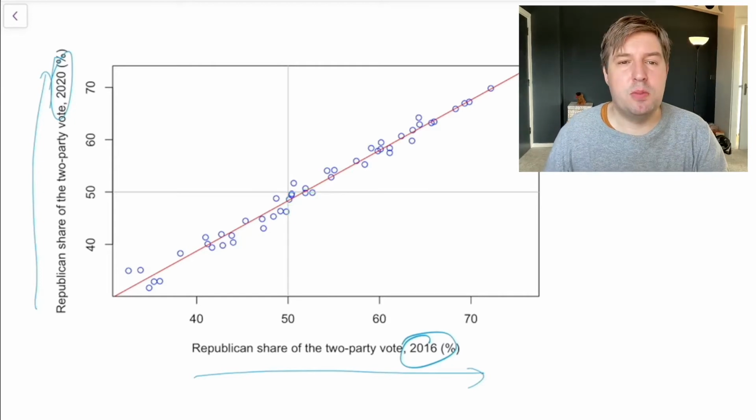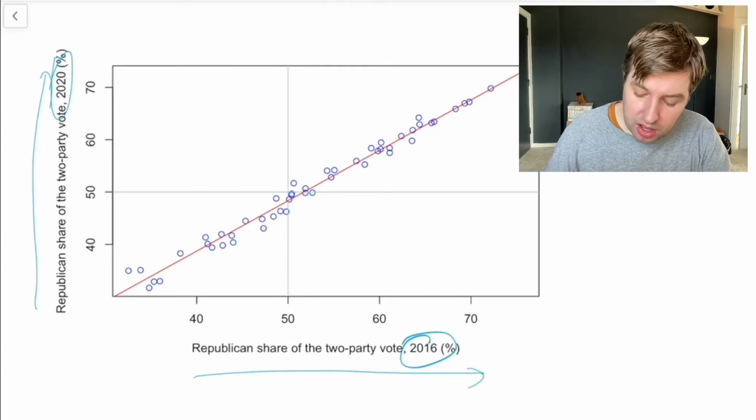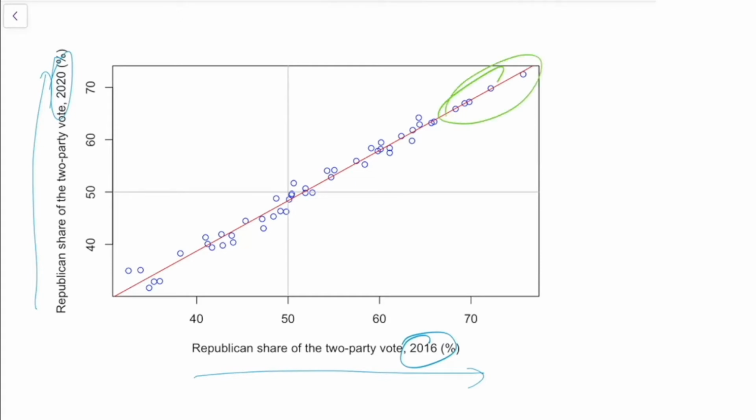So if we look at this scatter plot, what's very obvious is that there's a very strong relationship between these two variables. Right, up here in the top right, we've got states that the Republicans did well in 2016 and 2020.